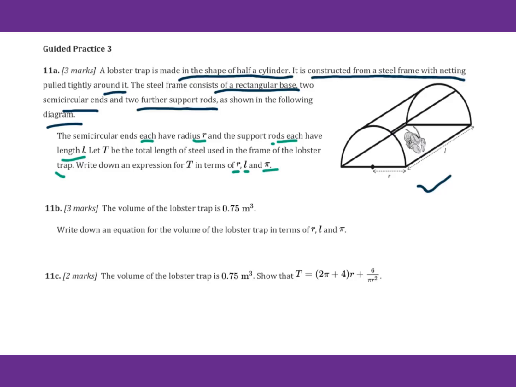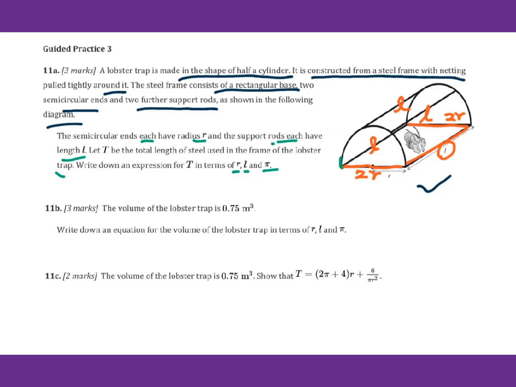From this diagram, we could see we have four of this L. And the length from here to here, that's the diameter. We have 2r, and this will be 2r twice.